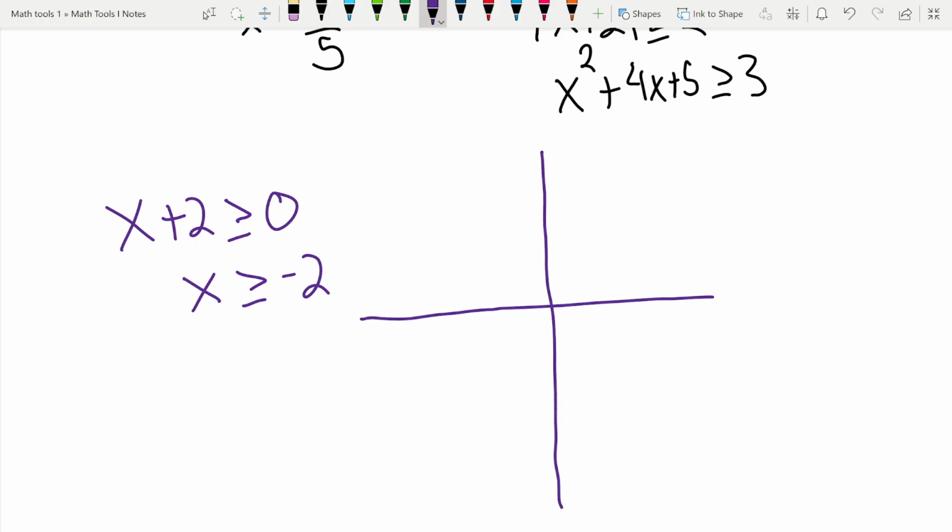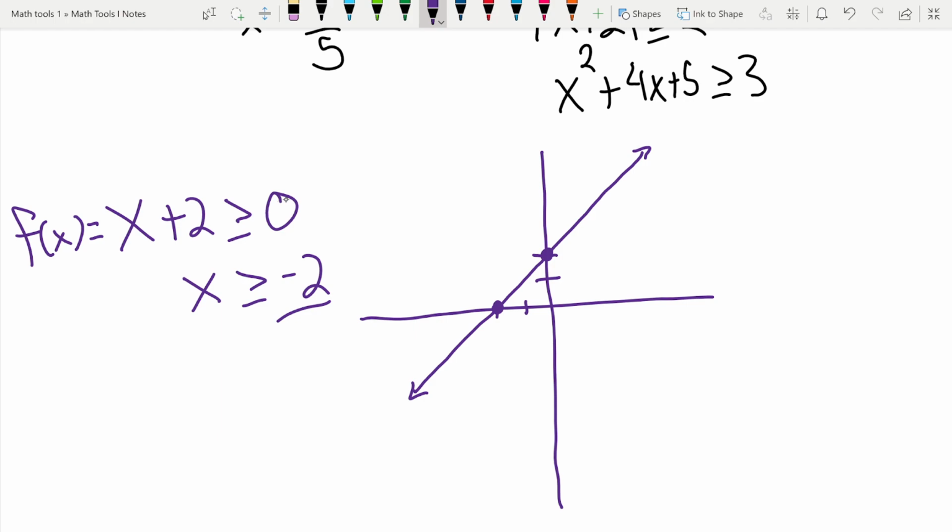Okay. If we think about the equation f of x equals x plus 2, this is a line with slope 1, y-intercept 2. So it's going to look roughly like this. So notice it's crossing the x-axis at x equals -2. Okay, this point right here.